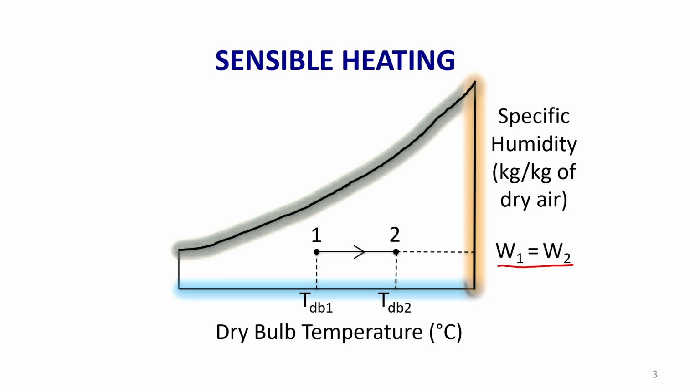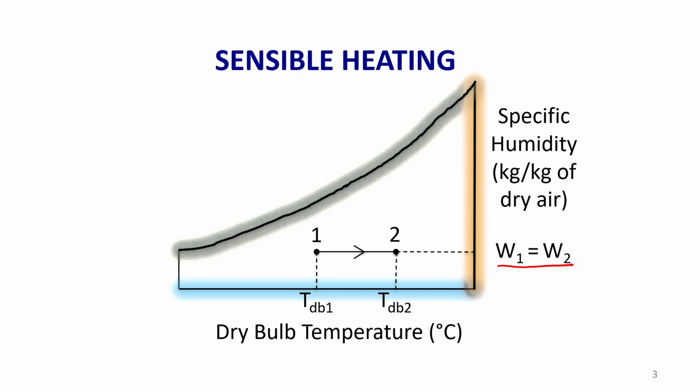Before the air is heated, whatever the specific humidity is, that will continue to remain if it is a sensible heating process. There will be change only in the temperature. A little ago I was recollecting about sensible heat and latent heat. Sensible heat does not cause a phase change. Latent heat does not change the temperature.